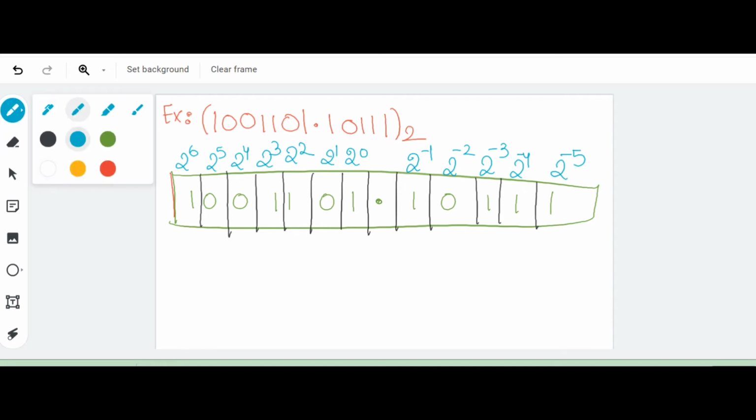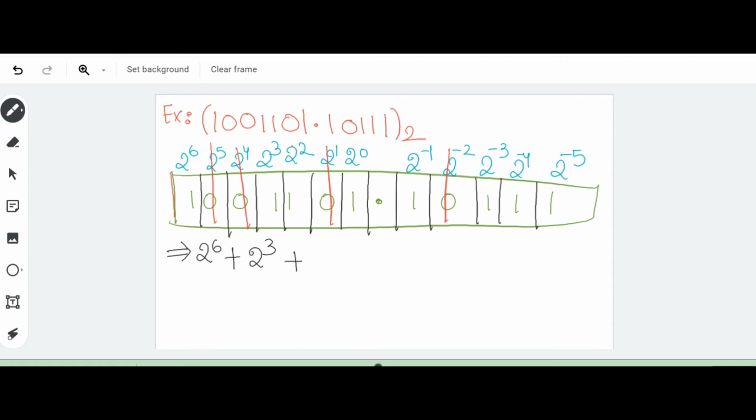So this is about it. Now we are going to solve. Here I am multiplying each by 2 power 6. For easy calculation I am avoiding zeros because there is no point of considering them anymore, right? So I'll not consider the things which are 0, and we can directly add. Bad luck, there are more ones than zeros, right? 2 power 3, 2 power 2, 2 power 0, 1 by 2, 1 by 2 power 3, 1 by 2 power 4 and 1 by 2 power 5.